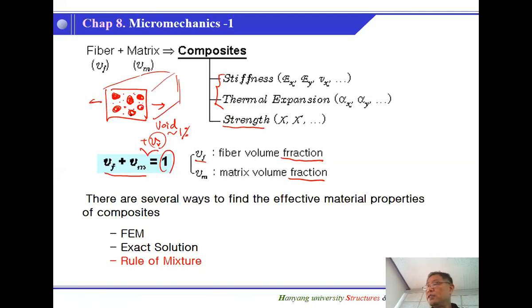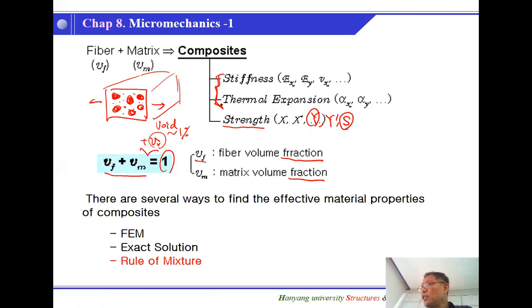So this small presence of a void could lower the strength significantly, sometimes 10 or 20%, especially Y and S. This Y and S could be easily affected by the void content.